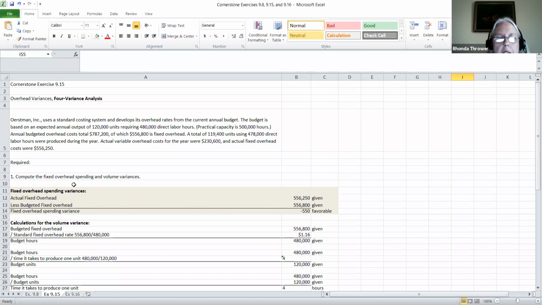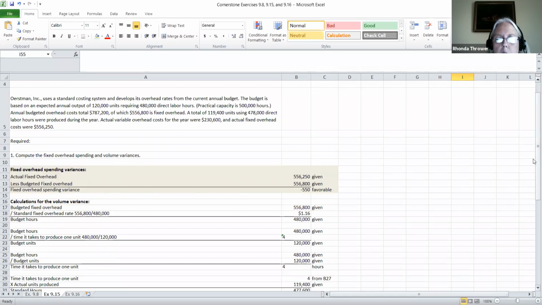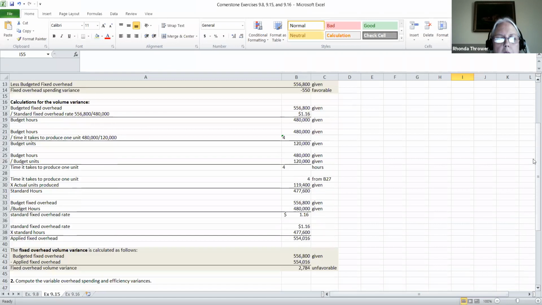The next item that they wanted you to calculate was the volume variance. And before we can calculate the volume variance, I'm going to scroll down here so you can see, this is where the actual volume variance is calculated.